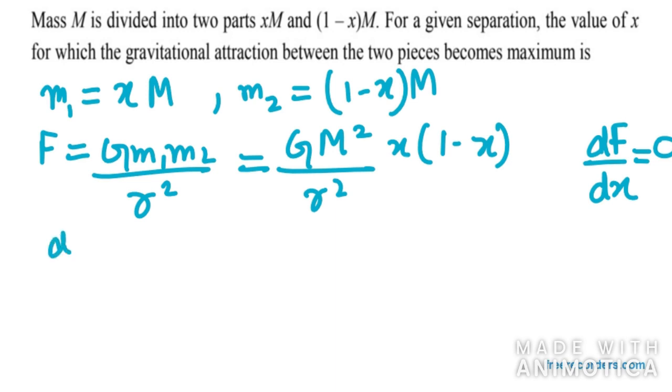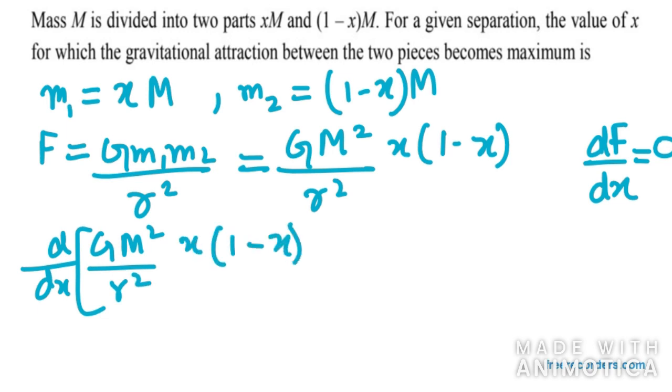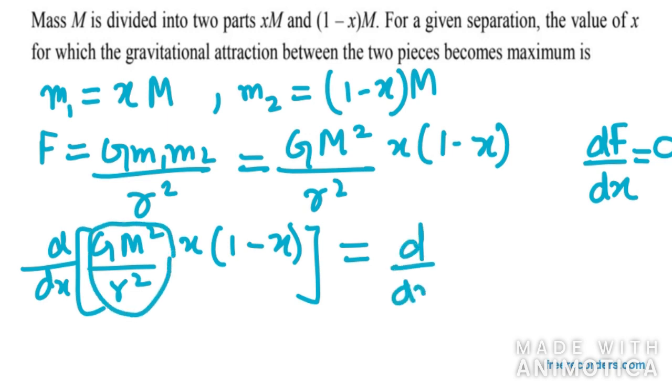So it will be like this: G m square over r square, x times (1 minus x). As you can see, these all are constant, so these will be neglected. So it will be del over del x of (x minus x square) equals 0.